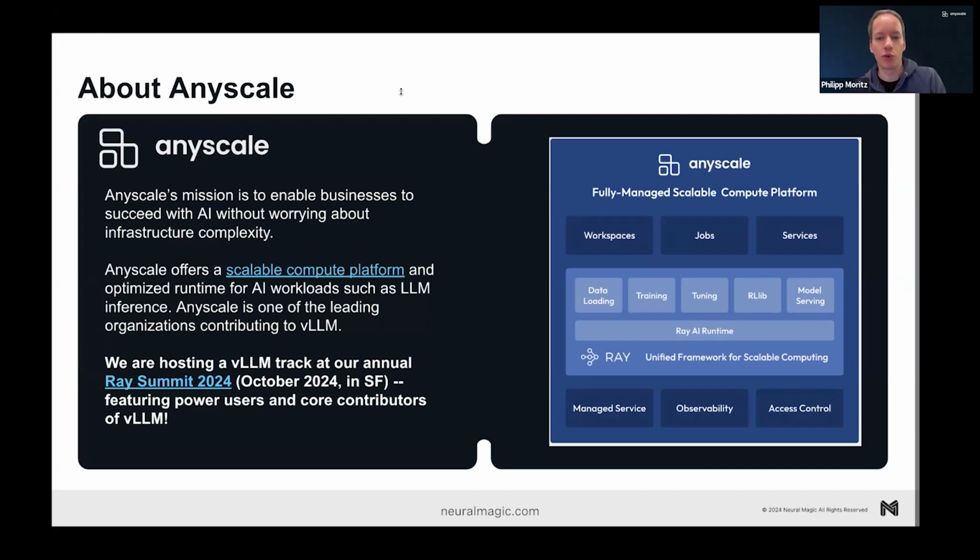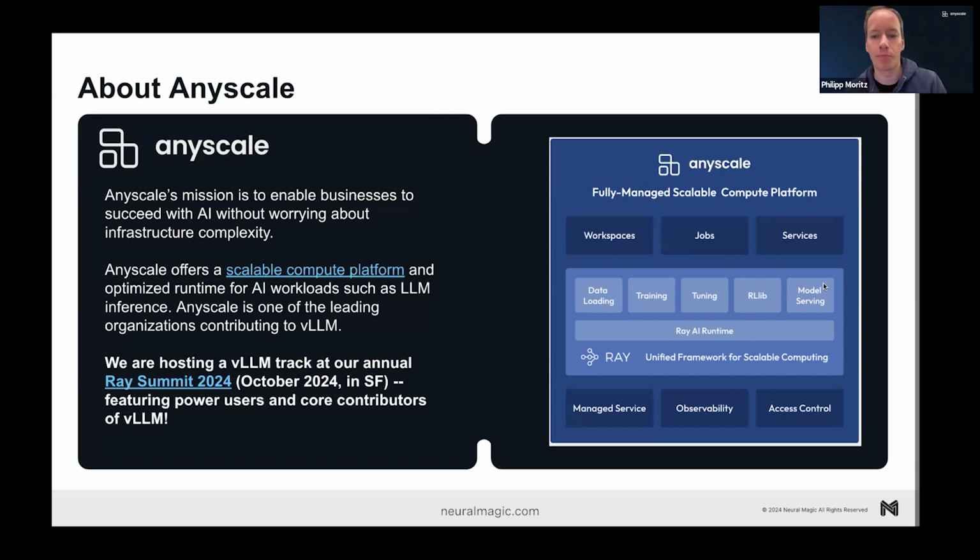I want to give you a little overview of our product. It's a managed compute platform on top of Ray. It provides workspaces, jobs, and services. Workspaces are a development environment. It's backed by a Ray cluster, and it provides all the fast development iteration capabilities, IDE integration, code integration, persistent file handling, and things like that.